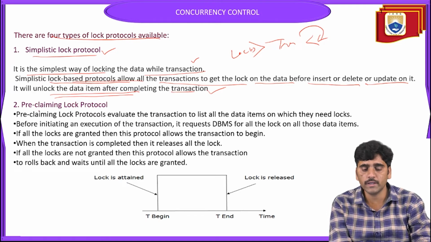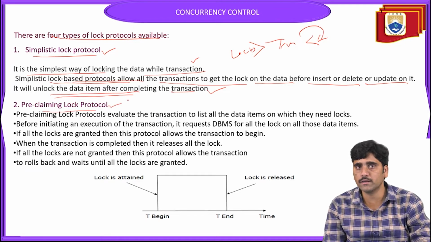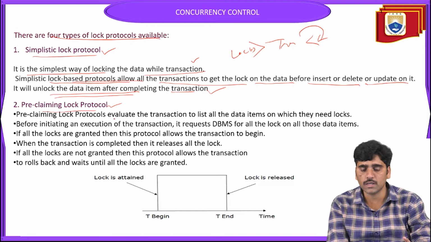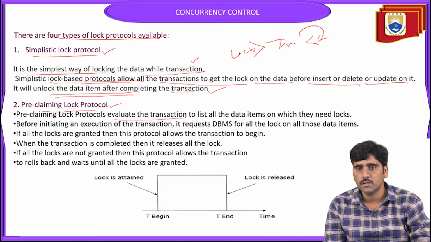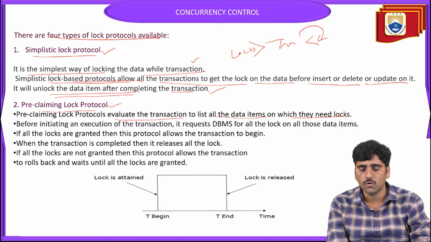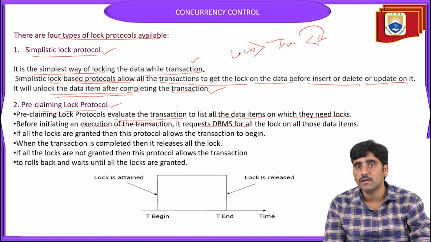And the second one, pre-claiming lock protocol. Pre-claiming lock protocols evaluate the transactions to list all the data items on which they need locks. That means whichever transactions require locks have to intimate before initiating the execution of the transaction. It requests the DBMS for all the locks on all those data items.